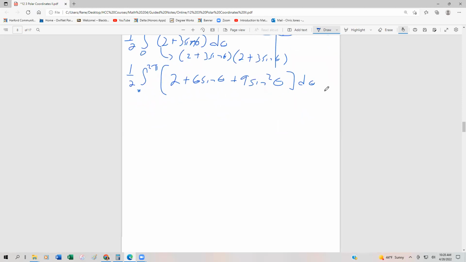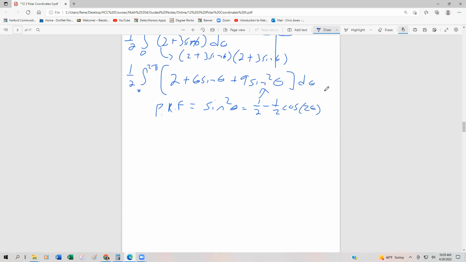Now, we also want to simplify the 9 sine squared, and we're going to use our power reducing formula. We need to get used to these because they show up quite frequently in these sorts of examples. The power reducing formula is sine squared of theta equals 1/2 minus 1/2 cos 2 theta.